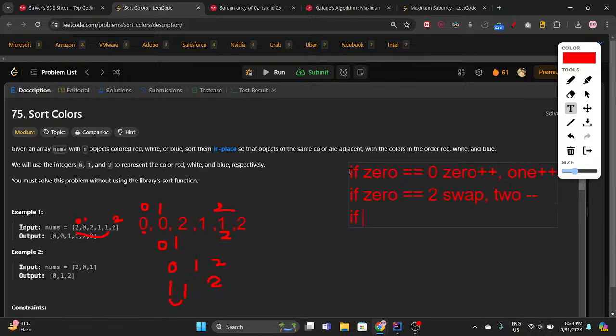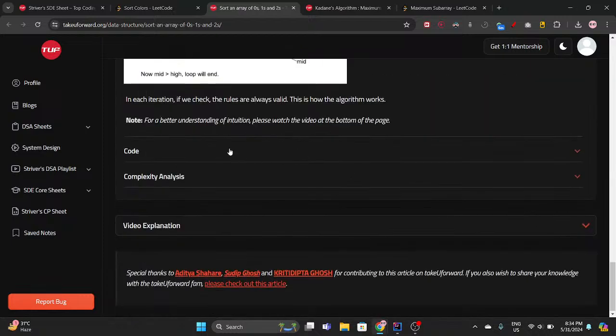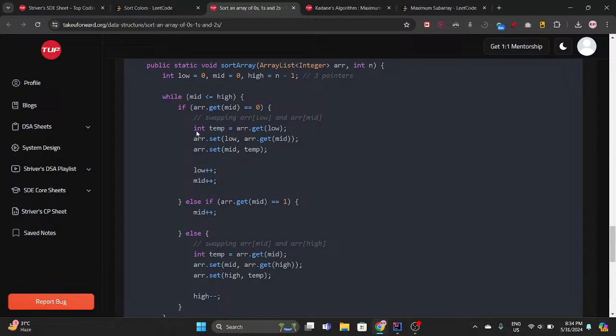If 0 equals 1, swap. So we are swapping it, right?